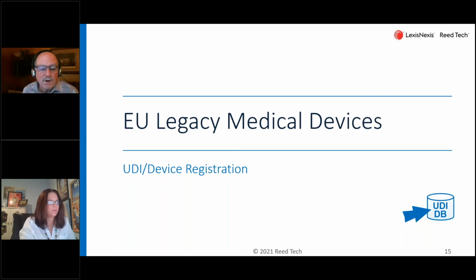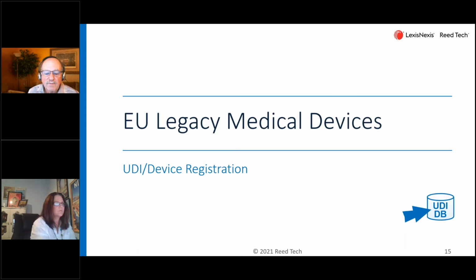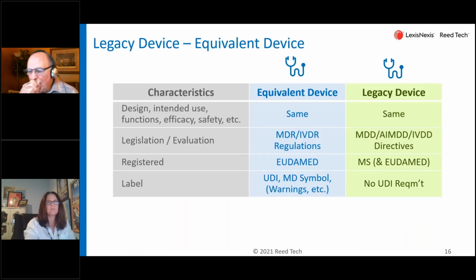Yeah, and this is where it starts to get a little bit messy, so bear with me. Slides might get a little cluttered here, but one of the first things that we need to do is talk about an equivalent device, just to understand what that is, because there's a reference to an equivalent device versus a legacy device in this timing discussion. So first of all, what is an equivalent device?